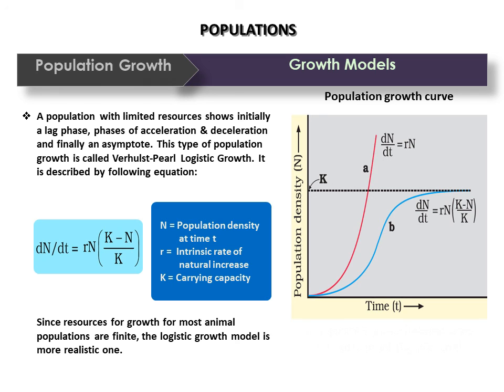And this particular growth model is what actually happens in the environment, or this is the realistic one. This is the realistic growth model, that is the logistic growth model. Okay, so you can see both the things, and this is the equation for logistic growth.